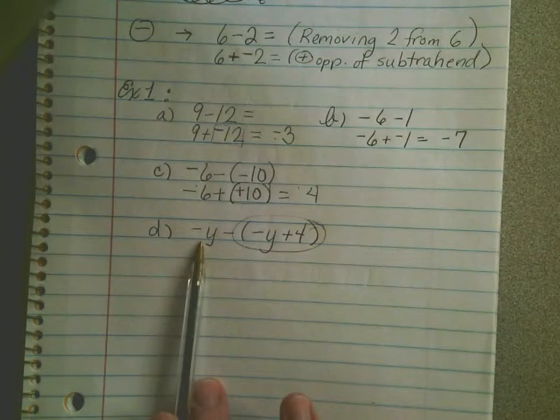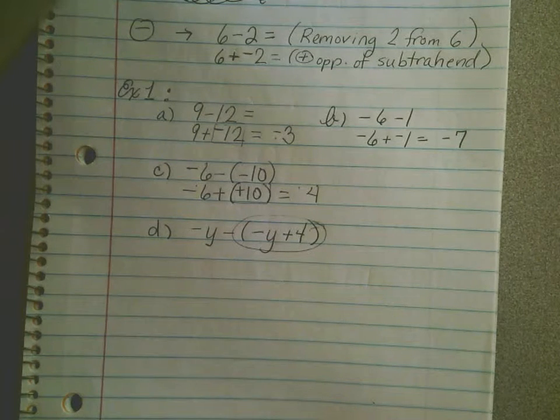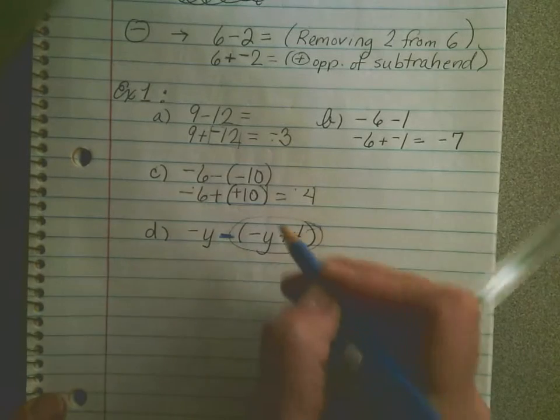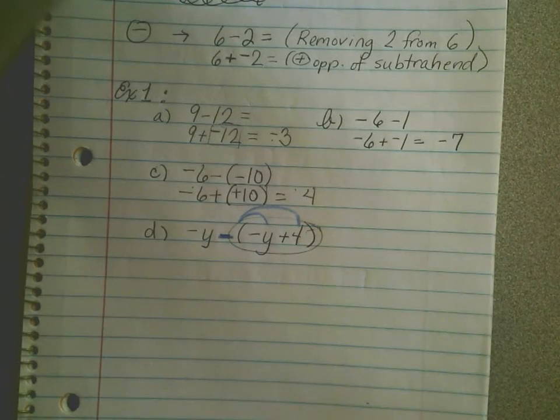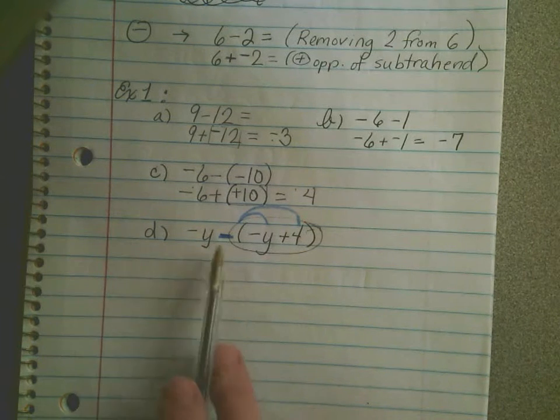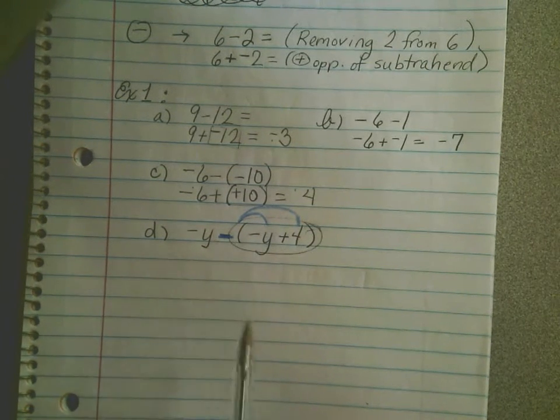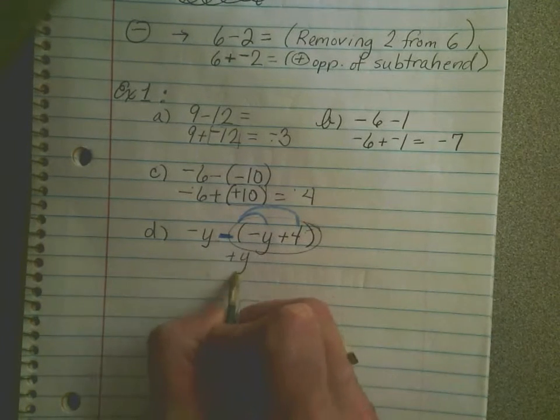Now the reason I'm making a stink about this is because you have to consider that this negative applies to everything within. So just like we distribute a number that precedes a parentheses, we also distribute its sign right along with it. That makes the negative y a positive y.